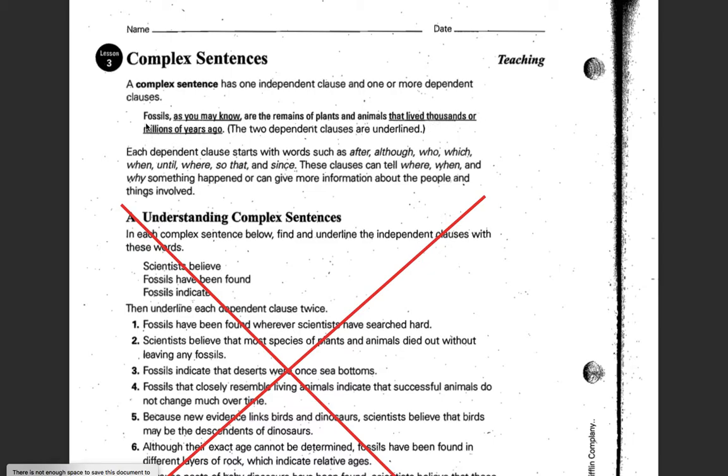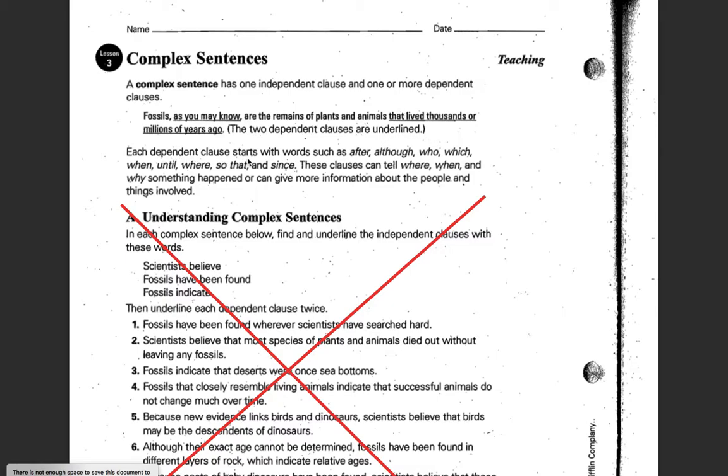My independent clause is the following: fossils are the remains of plants and animals. So as you can see here, this complex sentence is made of an independent clause, which is not underlined, and two dependent clauses, which are underlined for you.